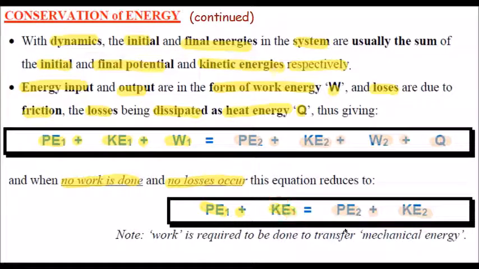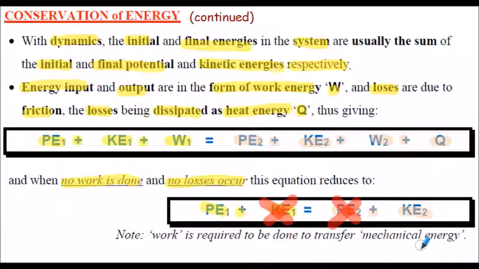Or sometimes we might have initial potential and initial kinetic, and that's all going into final kinetic. Or it could be we have initial potential energy and no initial kinetic energy, and then final kinetic energy but no final potential energy. So our equation simplifies to PE1 is equal to KE2.